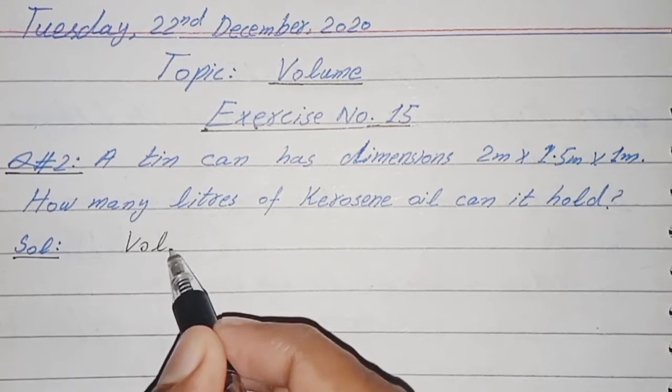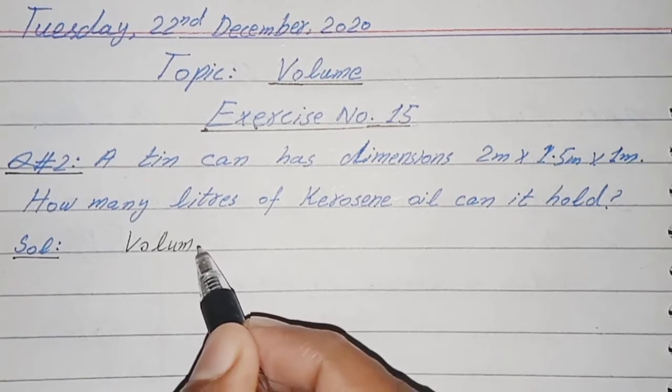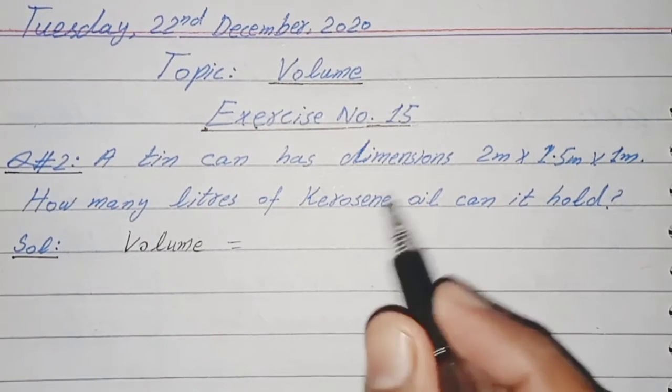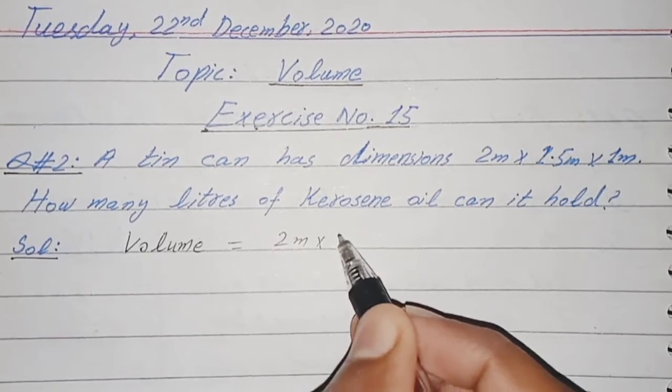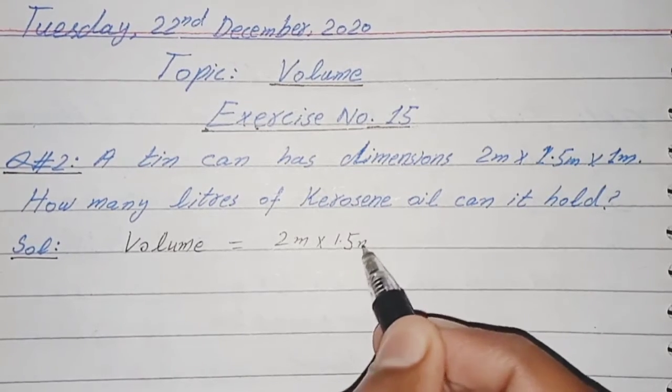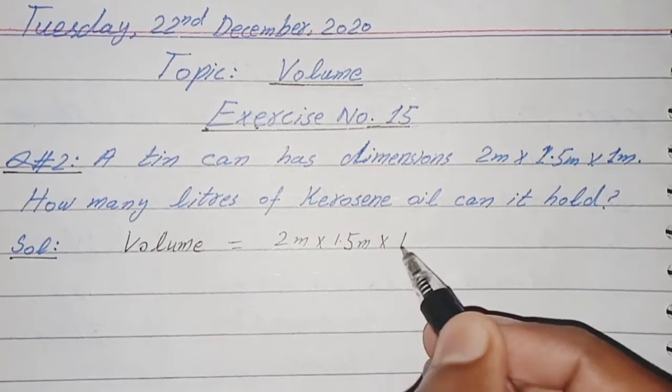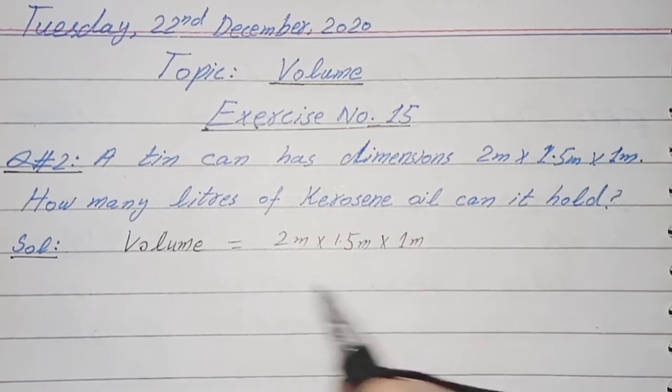Volume is equal to 2 meter multiply 1.5 meter multiply 1 meter.